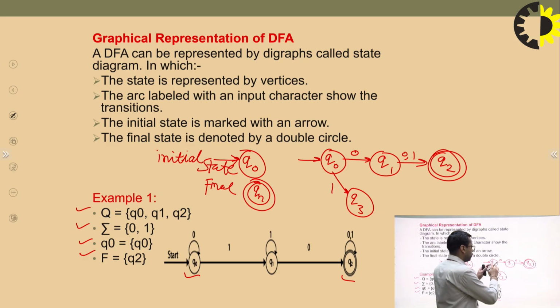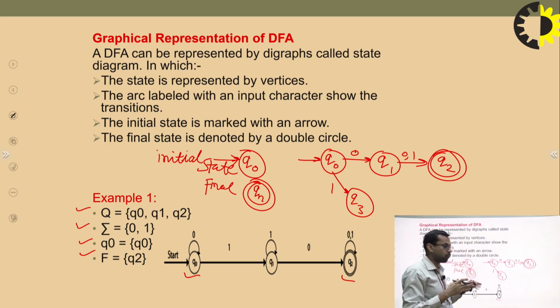So Q naught, Q1 and Q2 are lined up in such a way that from Q naught we go to Q2, but here Q3 is far from that particular DFA model.